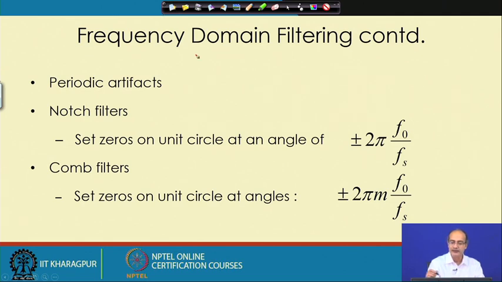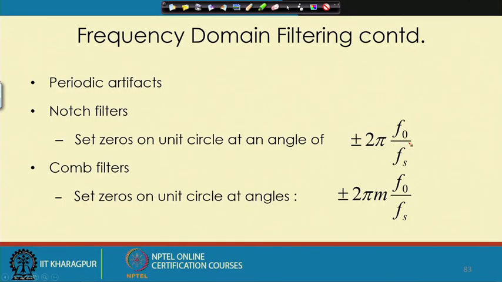The primary reason is that it will give us a real filter. If we do not take a conjugate pole pair, then it will not give us a real filter, but our signals are real. So, we would prefer to use a real filter to reduce the computation.